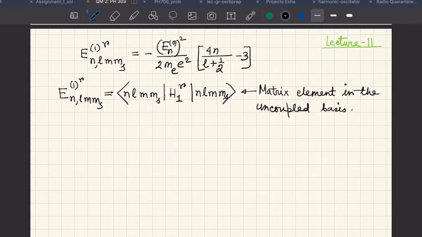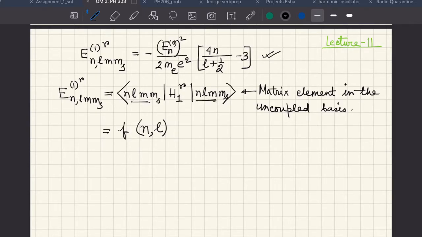But as you can see from this expression, this is only dependent on n and l, the principal quantum number and the orbital angular quantum number. So this is really a function of n and l only, and it is independent of m and ms. Now what happens if we choose this uncoupled basis for our calculation?